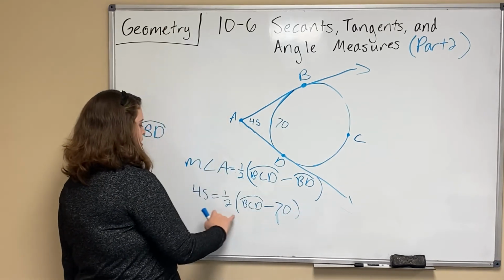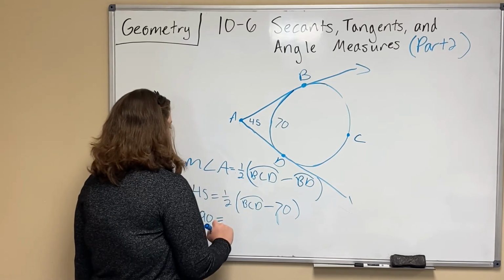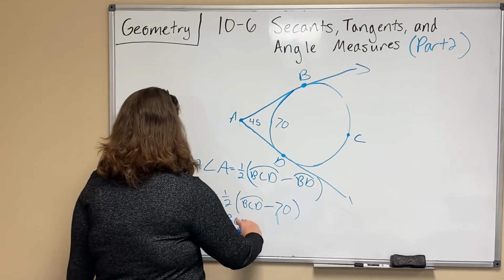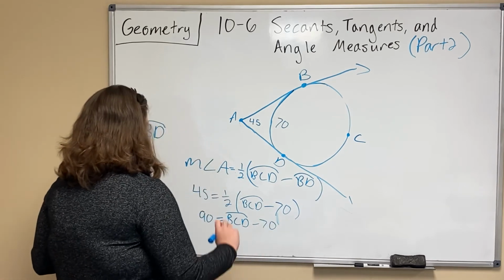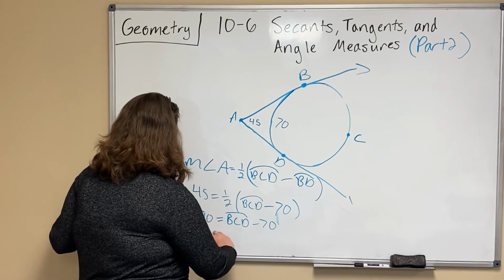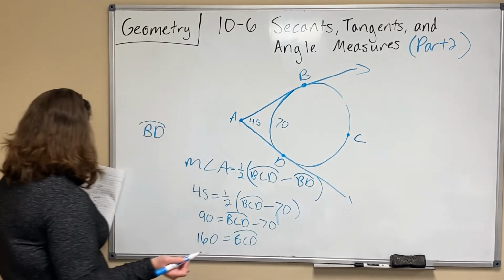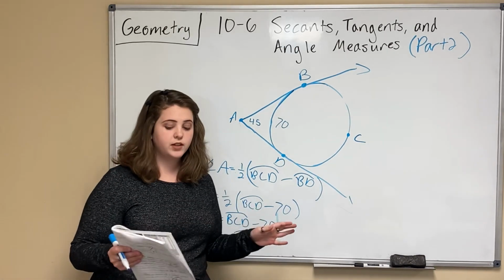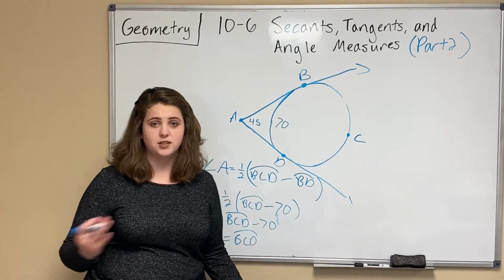All right, so we're going to multiply both sides by 2 again and get 90 equals the measure of BCD minus 70. So I'm going to add 70 to both sides and I'm going to get 160 equals BCD. So you're just doing basic addition and subtraction. Hopefully that's relatively easy to understand. If you have any questions, feel free to let me know.